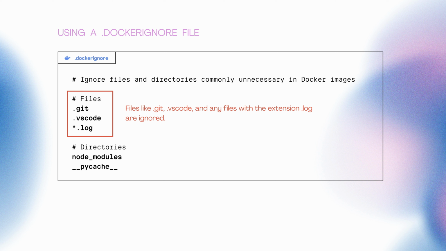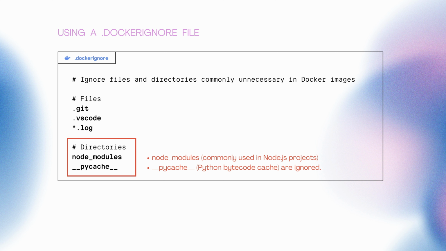Also, directories such as node_modules, commonly used for Node.js projects, and the Python bytecode cache, __pycache__, are equally ignored. Once again, this helps to keep things tidy, removing all the unnecessary files and directories out of our Docker image, reducing its size and improving build times.